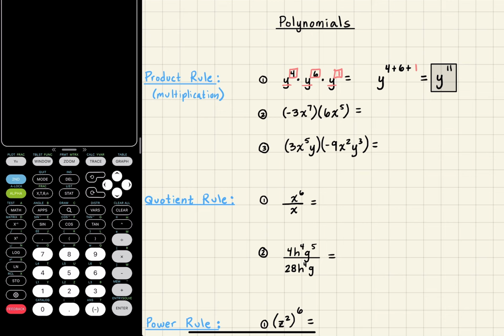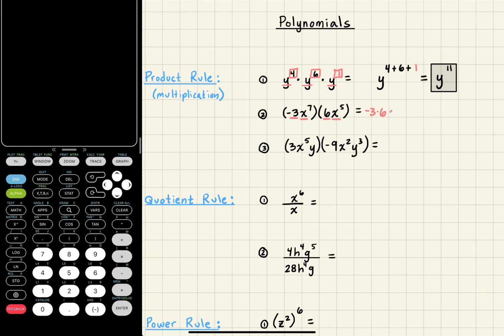Let's take a look at problem number 2 here. On problem number 2, we've got some leading coefficients here, some numbers in the front of our variables. Well, we know how to take care of that. We know how to do negative 3 multiplied by 6. That's just negative 3 times 6. And then, of course, following the product rule, if we have same exact bases, we can multiply them together.